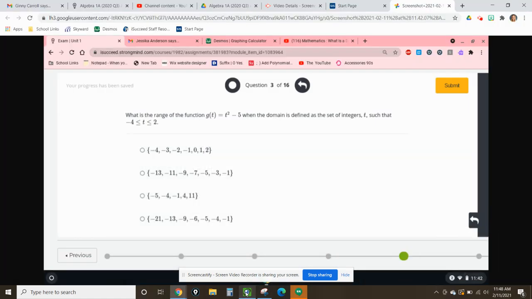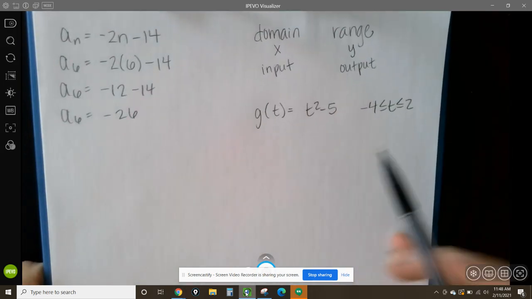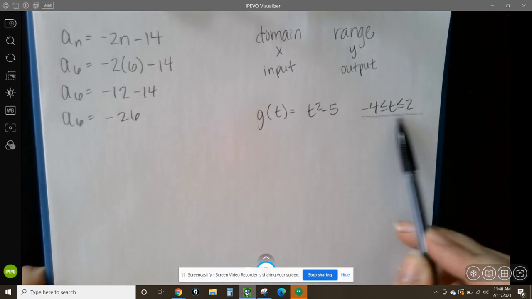So g of t, I'll go back to my paper here in just a second. g of t equals t squared minus 5 when the domain is a set of integers such that -4 is less than or equal to t is less than or equal to 2. Okay, so that looks kind of complicated, but what that's saying is these are the input values.